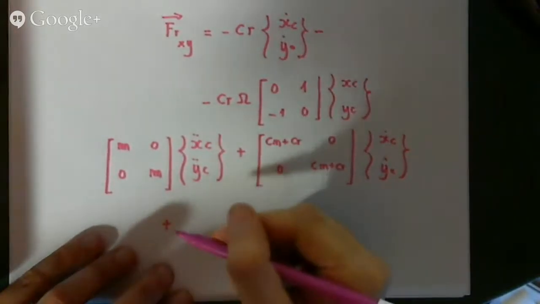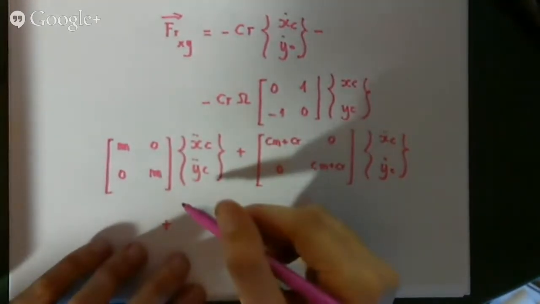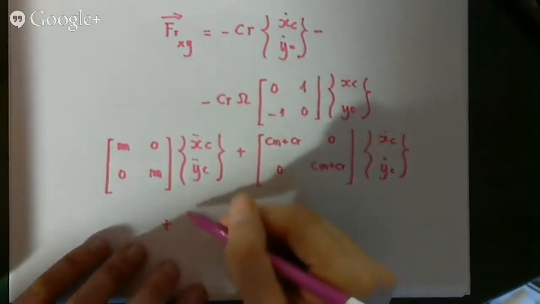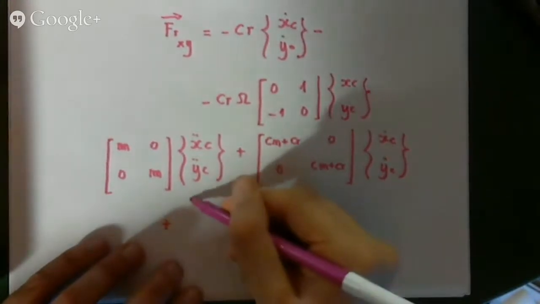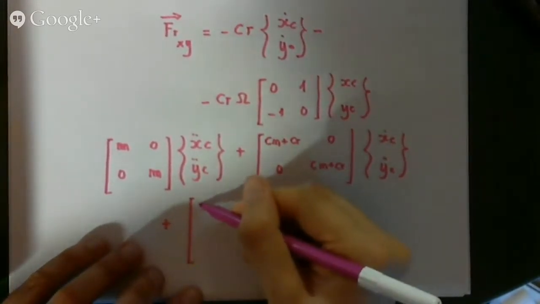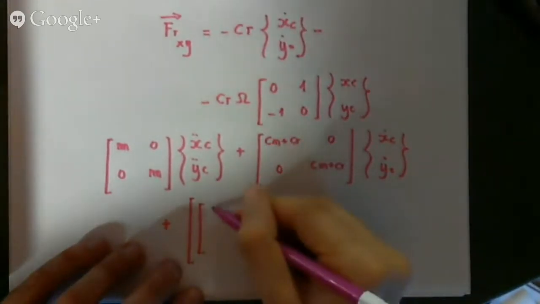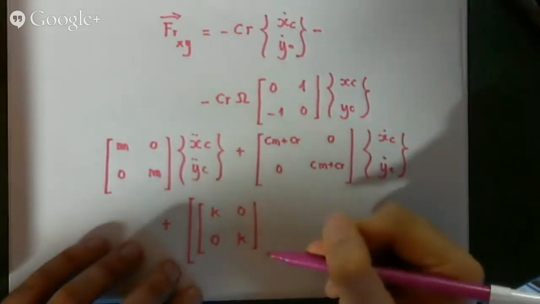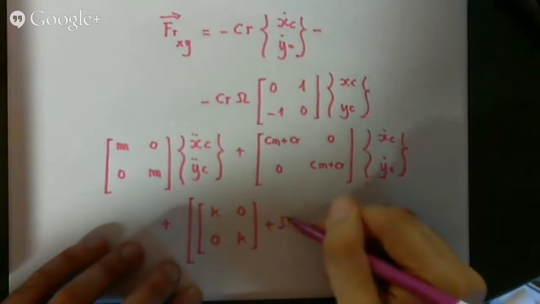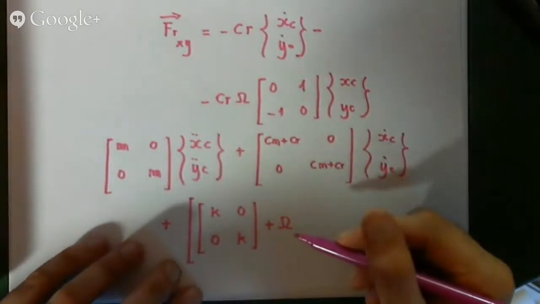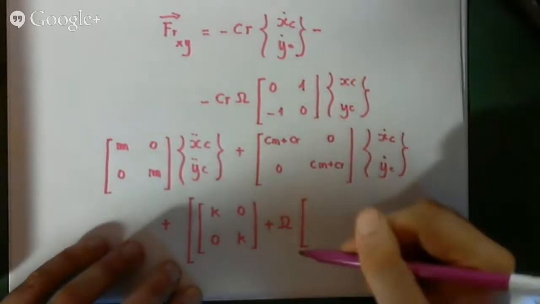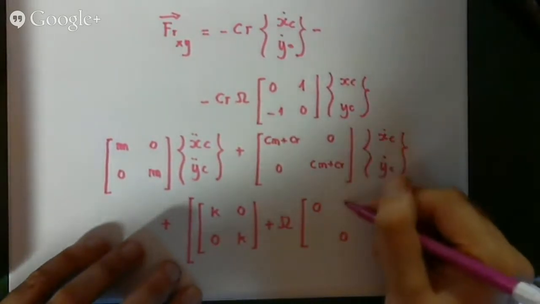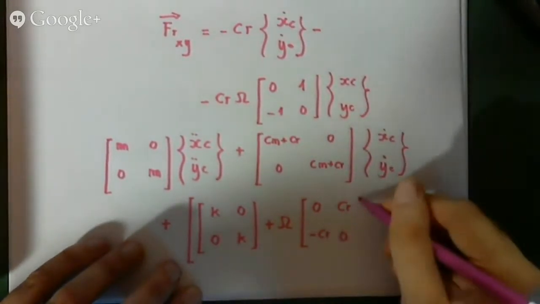plus, and this is an important, very important result, a unique matrix constituted by the usual diagonal stiffness matrix plus a new contribution proportional to omega, skew symmetric, 0, Cr, minus Cr, 0.